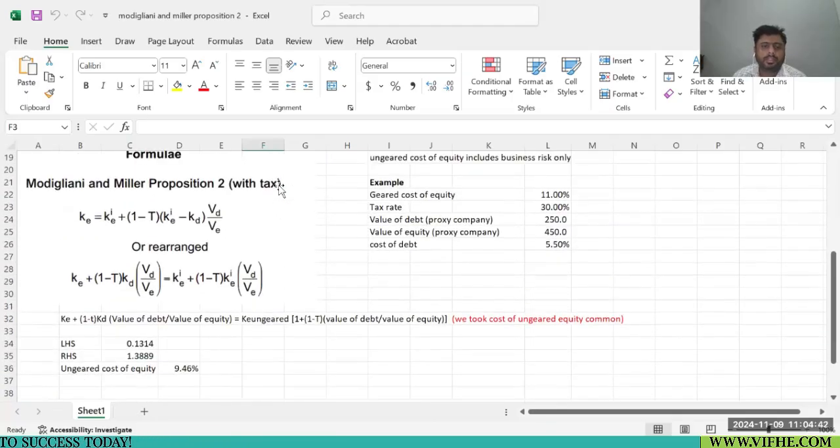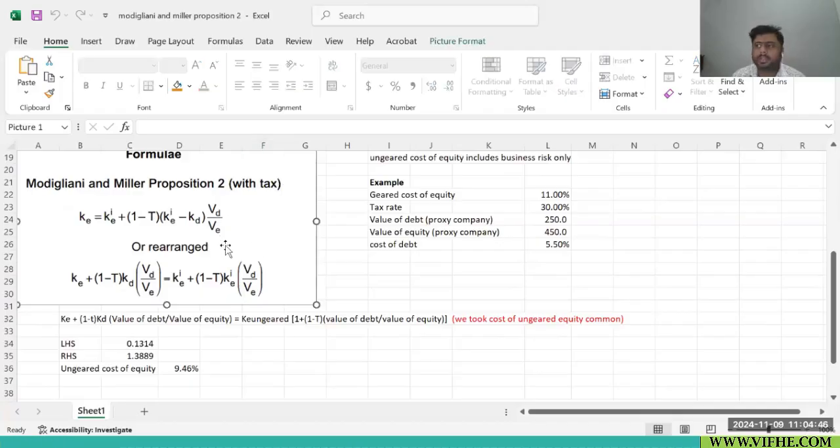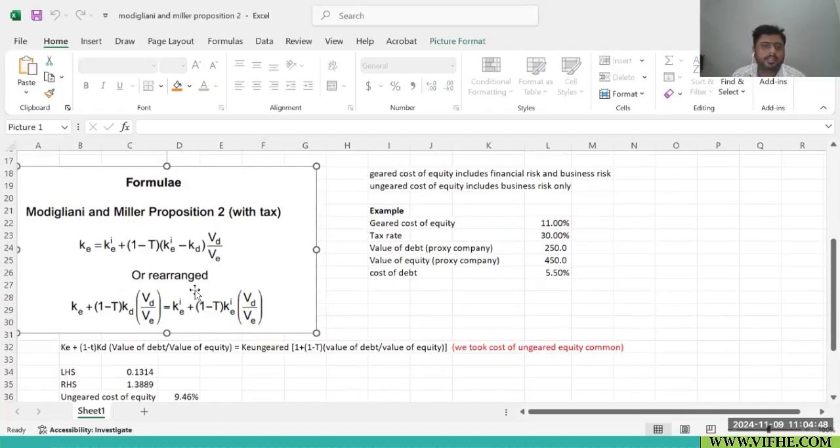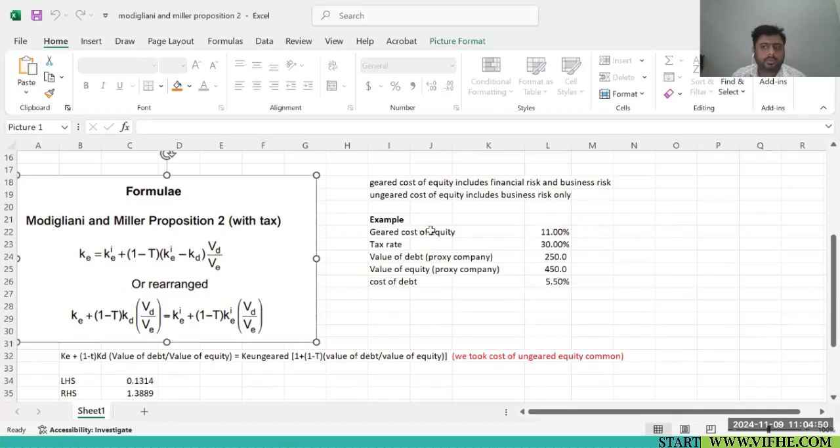So the first thing to share with you is this formula. Now in the most recent formula sheet, you will find Modigliani and Miller proposition number 2 in two forms. The first form is as it used to be, and then the above formula is rearranged as follows.